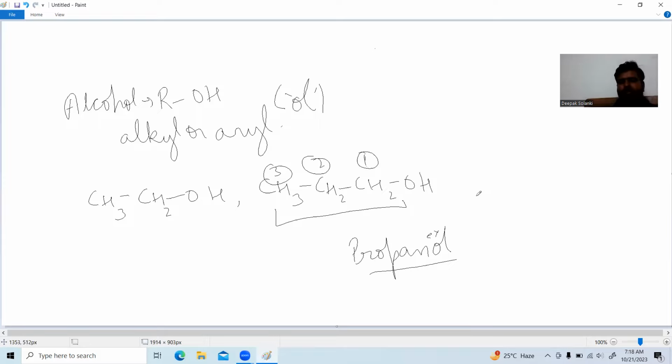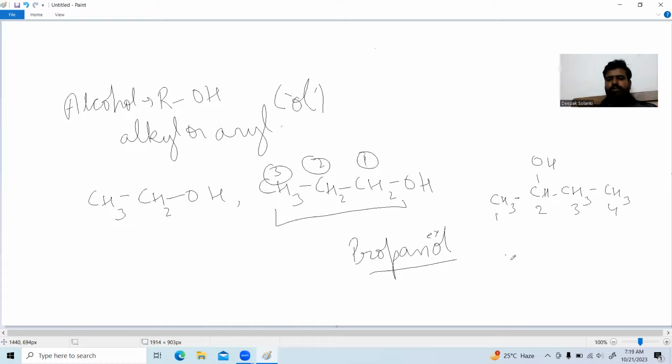Let me take one more example of it. CH3, CH, CH3, CH3. And we can join here OH. Now how many carbon atoms are there? 1, 2, 3, and this is fourth.